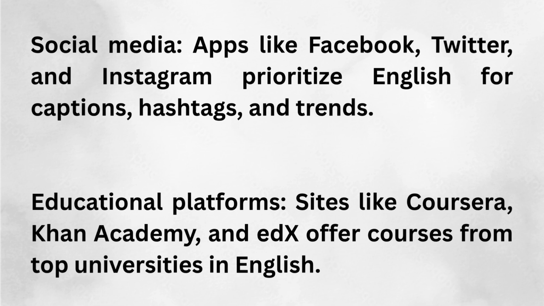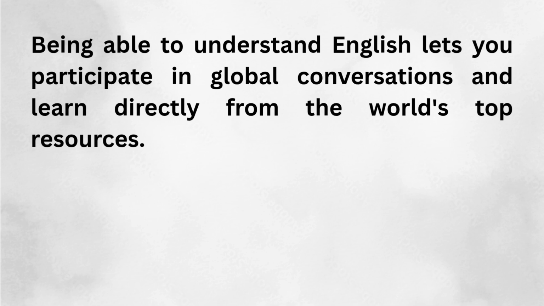Social media. Apps like Facebook, Twitter, and Instagram prioritize English for captions, hashtags, and trends. Educational platforms. Sites like Coursera, Khan Academy, and edX offer courses from top universities in English. Being able to understand English lets you participate in global conversations and learn directly from the world's top resources.